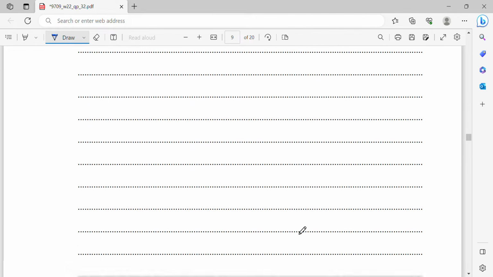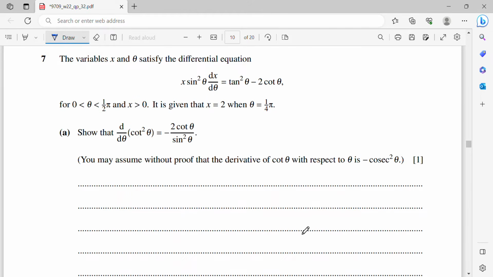Okay, so now let's move on to the next question, number 7. The variables x and theta satisfy the differential equation x sine squared theta dx d theta equals tangent squared theta minus 2 cot theta, where theta is from 0 to pi over 2 and x is greater than 0. Now it's given that x equals 2 when theta equals 1 over 4 pi.